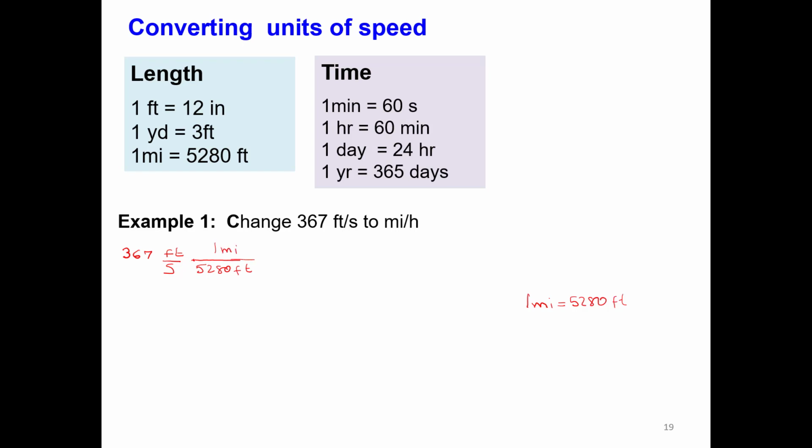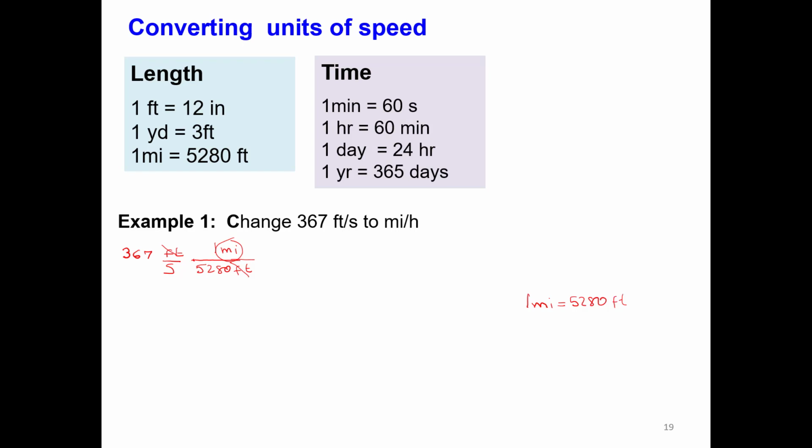As this is the right conversion factor, we need miles on top and feet in the denominator, because feet must be cancelled out. Now we have miles, this is the unit we want. Then we need to take care of the units of time. We have seconds, and we want hours.